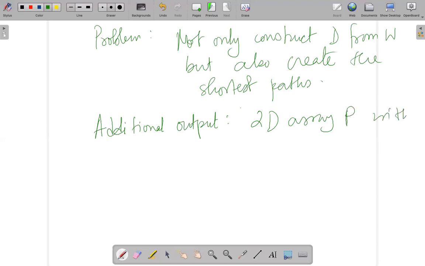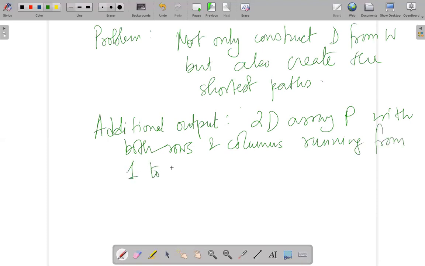with both rows and columns running from 1 to n and is defined as follows.